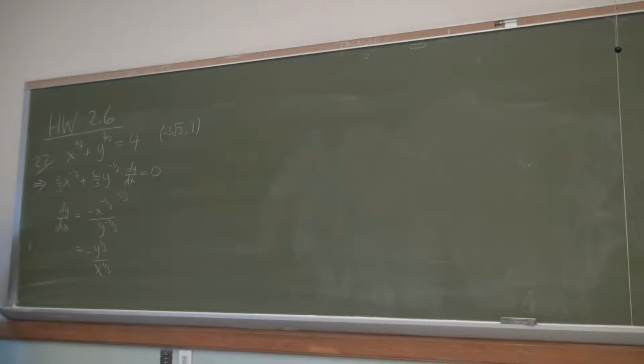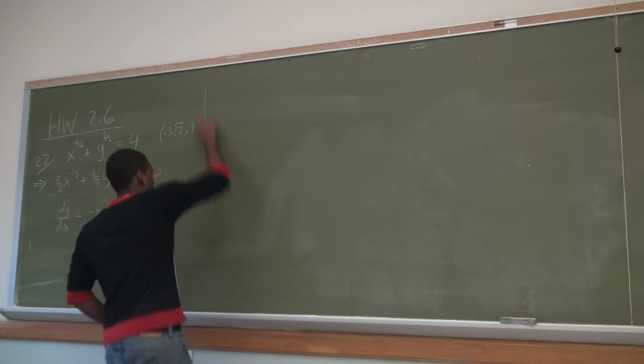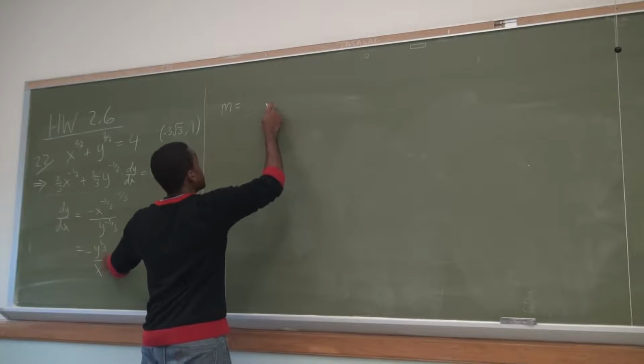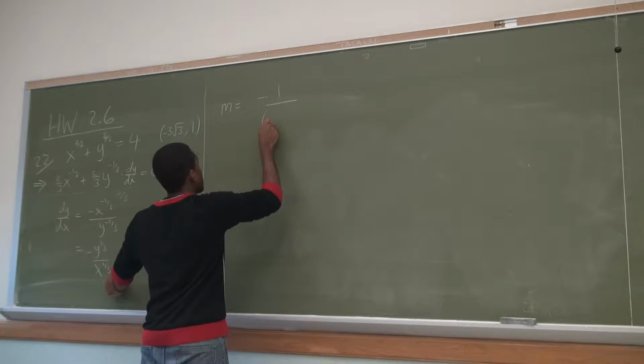Yeah, so now we plug in the points. So we know that m is equal to minus 1 over minus 3 radical 3 to the 1/3.